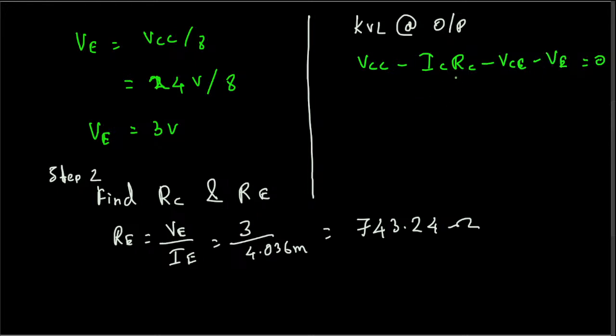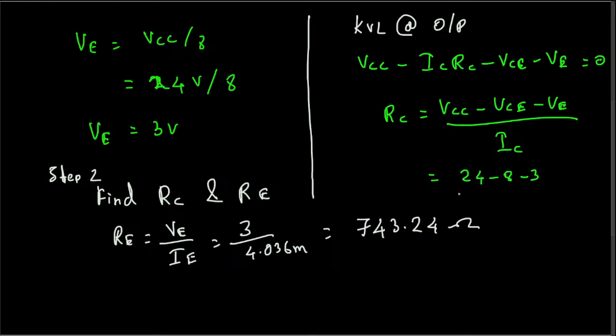Then if I rearrange this equation in terms of RC, I will end up having this equation: RC equals VCC minus VCE minus VE divided by the current IC. Plug in all the values: 24 minus 8 minus 3 divided by 4 milli, that is equivalent to 3.25 kilo ohm resistance. Okay, that is our RC.